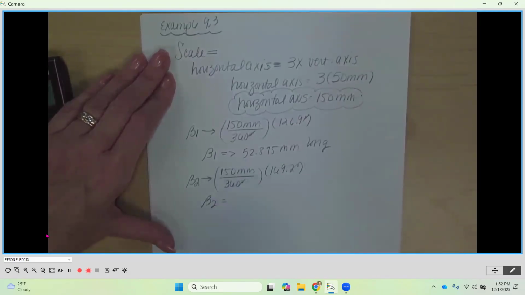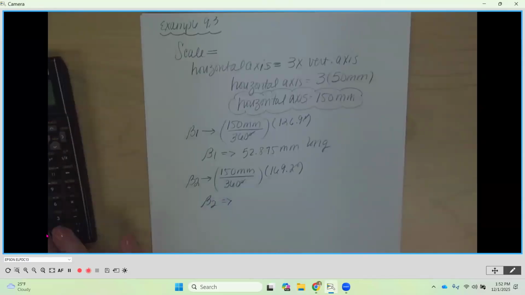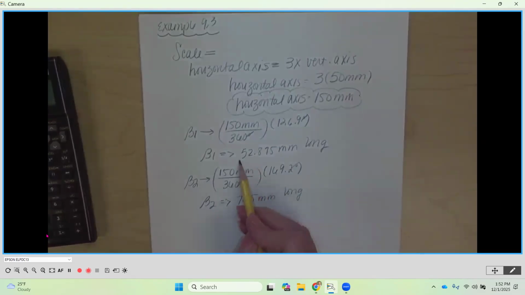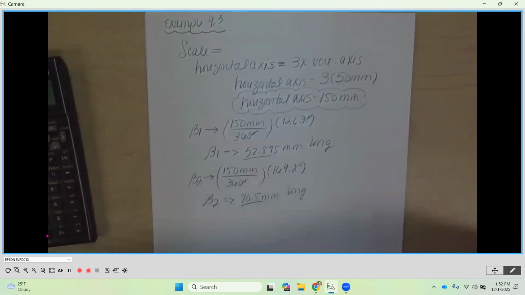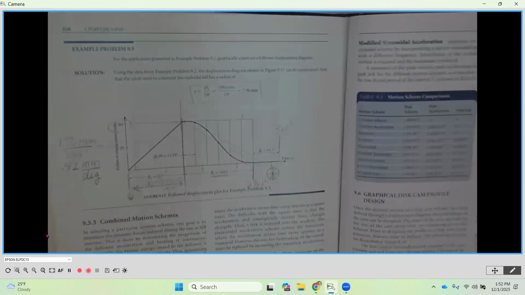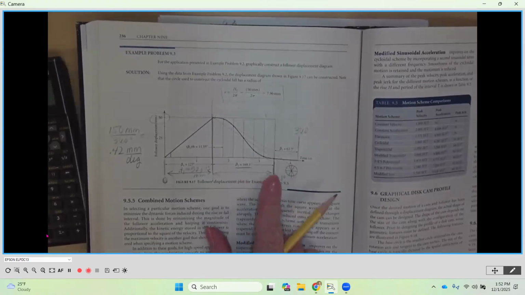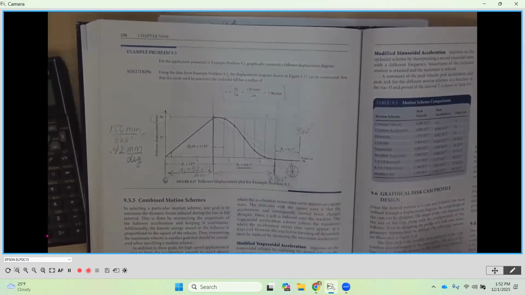So our beta 2 length is going to be 70.5 millimeters long. So adding to that, this chunk right here is going to be 70.5 millimeters long.